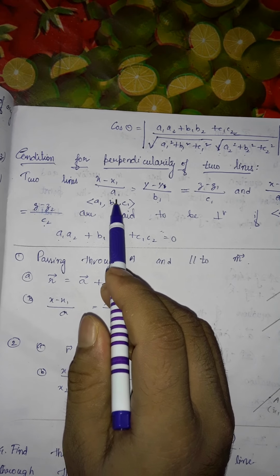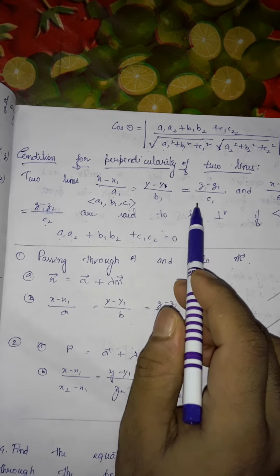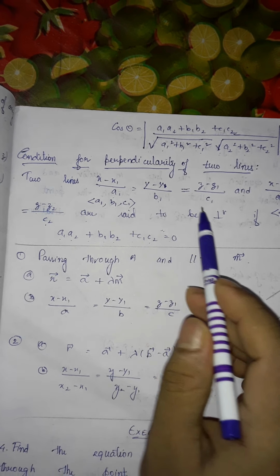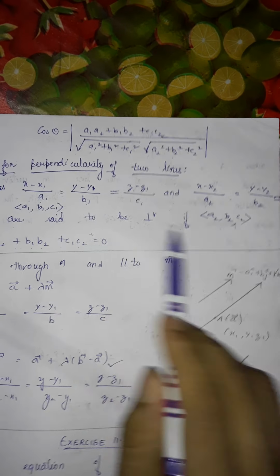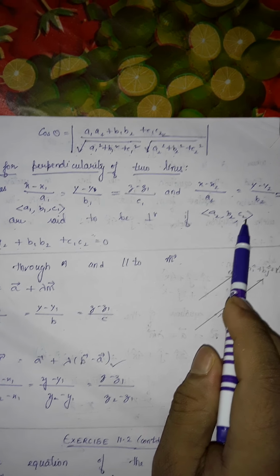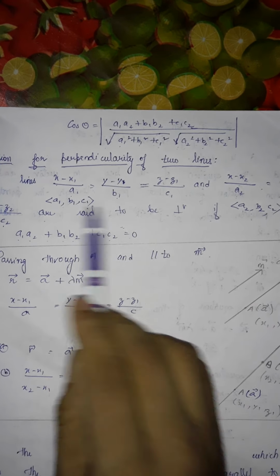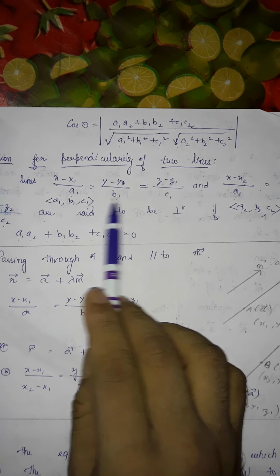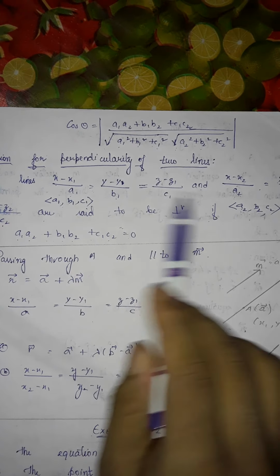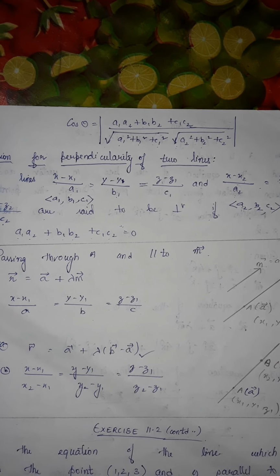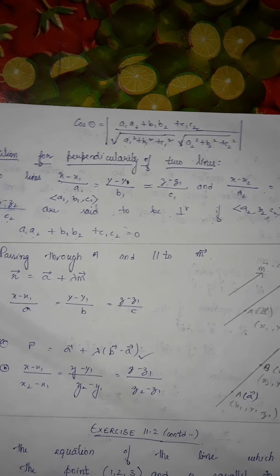The direction ratios of the first line are a1, b1, c1, and the direction ratios of the second line are a2, b2, c2. If a1 into a2 plus b1 into b2 plus c1 into c2 equal to 0, then the lines will be perpendicular. Okay.